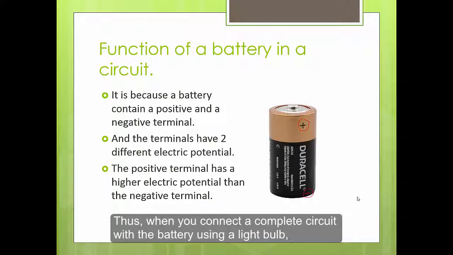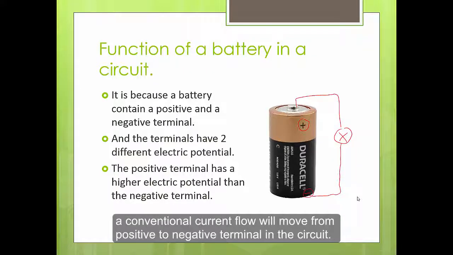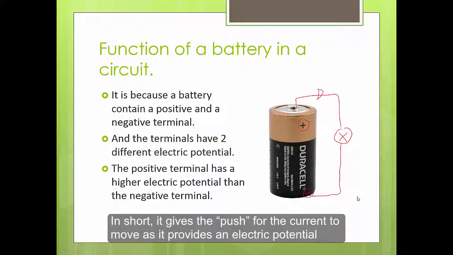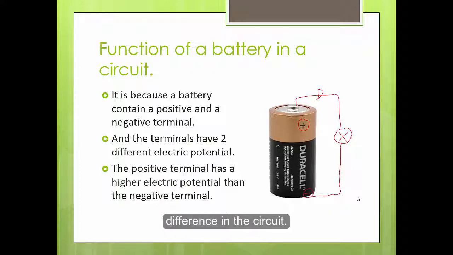Thus, when you complete a circuit with a battery using a light bulb, there is a conventional flow from the positive terminal to the negative terminal in the circuit. In short, the battery gives the push to the current as it moves, as it provides an electric potential difference in the circuit.